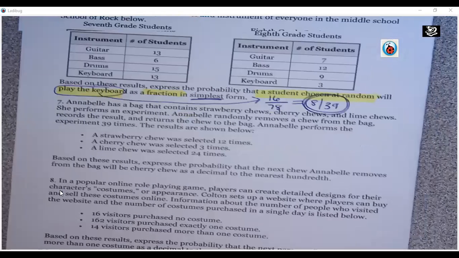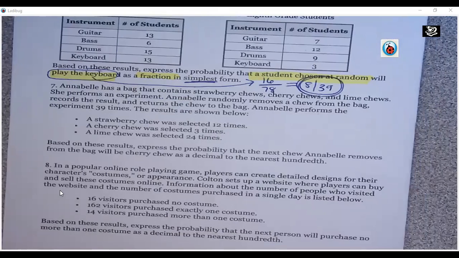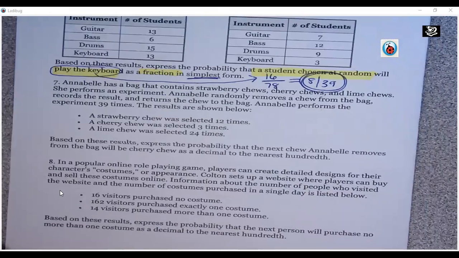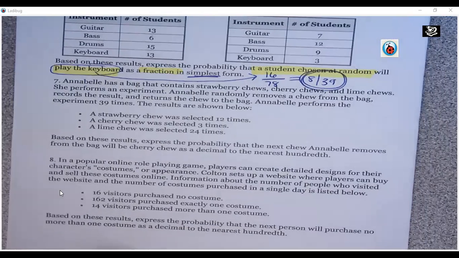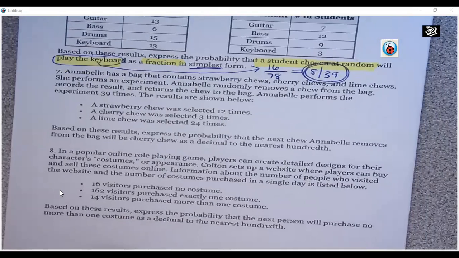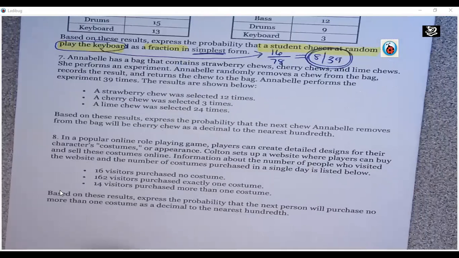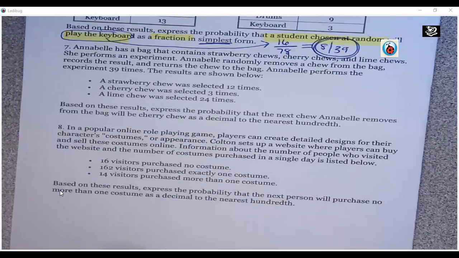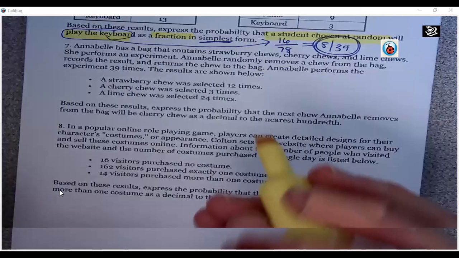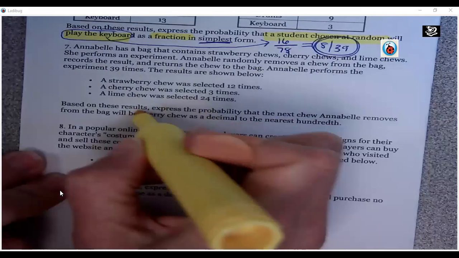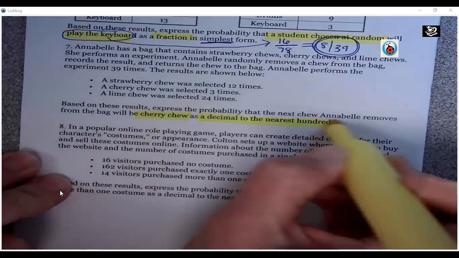Annabelle has a bag that contains strawberry chews, cherry chews, and lime chews. She performs an experiment. Annabelle randomly removes a chew from the bag. Then she returns the chew to the bag. She does the experiment 39 times. The results are shown below. Based on these results, express the probability that the next chew Annabelle removes from the bag will be a cherry chew as a decimal to the nearest 100th.